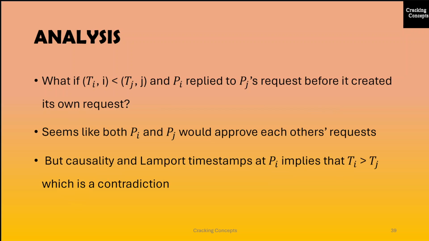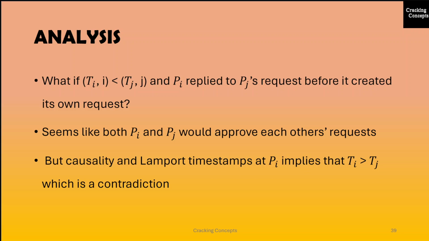Now there can be a case where Ti is less than Tj and Pi actually replied to Pj's request before it created a request for the critical section. That would seem like both of them are approving each other's request. But again, according to the causality property and Lamport timestamps at Pi, the condition can be satisfied only if Ti is greater than Tj.